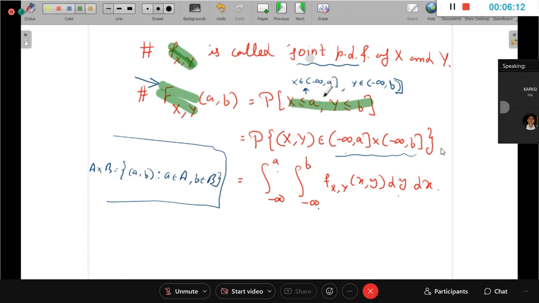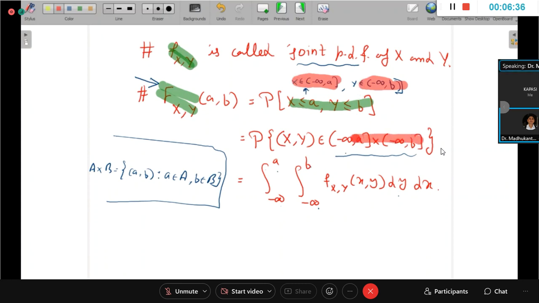X less than or equal to a is the integral on the real line over the closed interval minus infinity to a. Similarly, Y less than or equal to b means Y lies in that range.